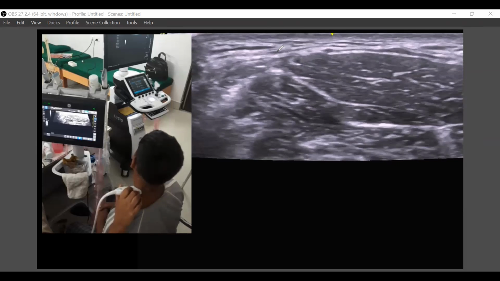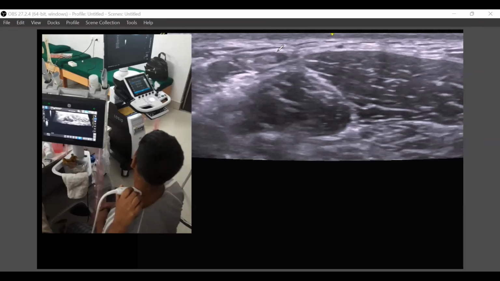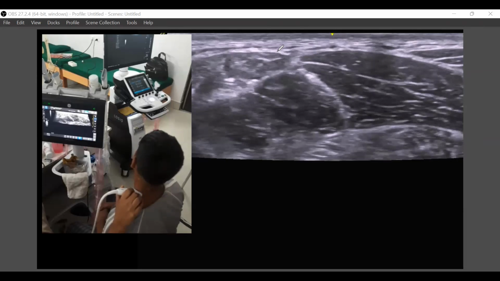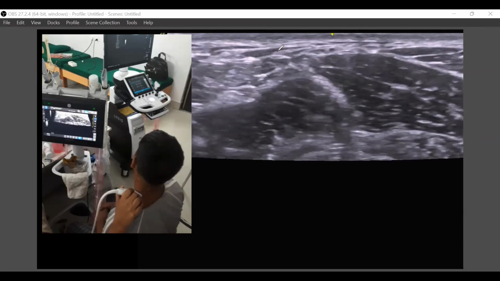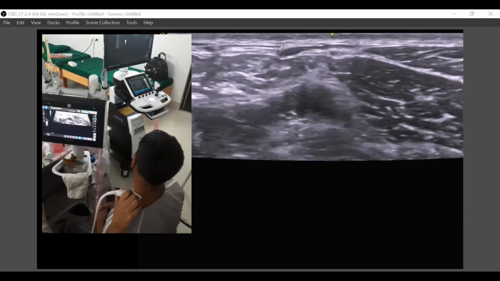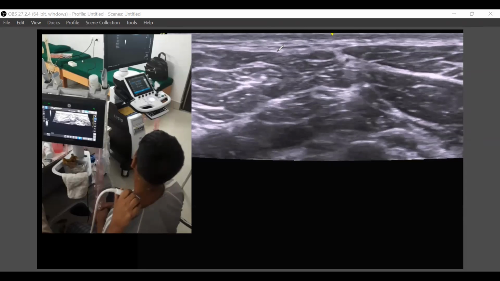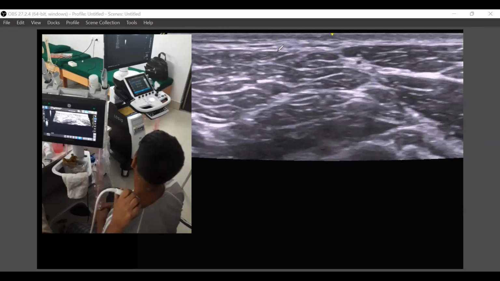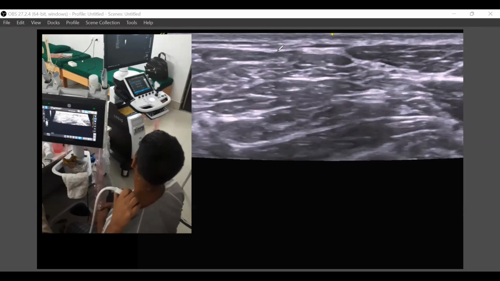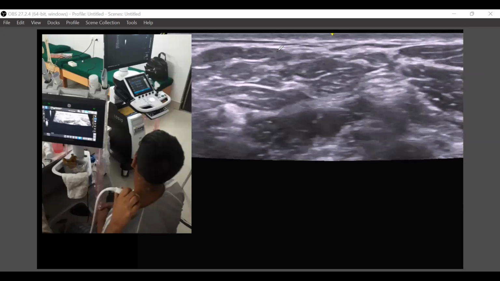I'm keeping the probe so that it is below the white arrow at the center of the screen. Just look at my probe. My probe is coming down, and you see the trapezius is coming now. You see now it is going below the trapezius. I can trace it below. So it is going down. This is your spinal accessory nerve.